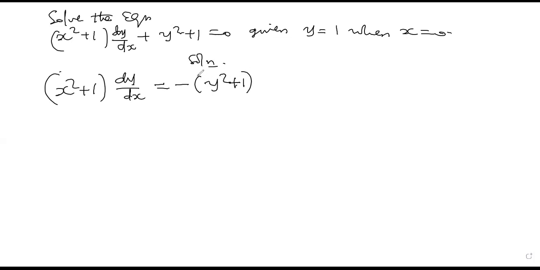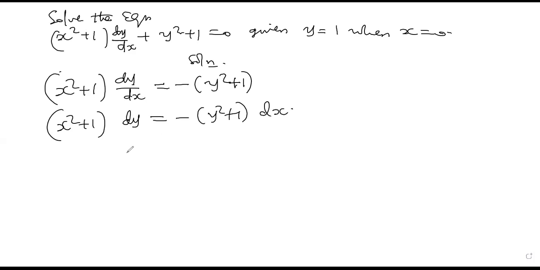The whole of them are negative. So in this case, we can multiply dx both sides. So we shall have (x squared plus 1) dy is equal to negative (y squared plus 1) dx.